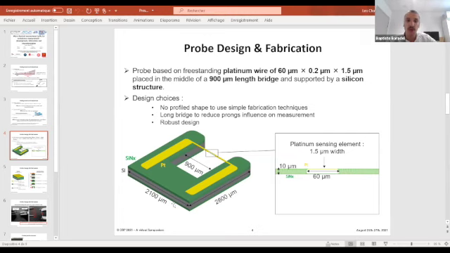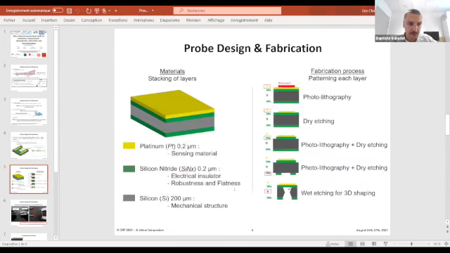This design will not allow a profiled shape for our probe, but this choice was made to use simpler fabrication techniques. The position of the platinum wire in the bridge will permit us to reduce the prong influence during measurements. And finally, according to the lab's knowledge, this design will give us a robust probe.